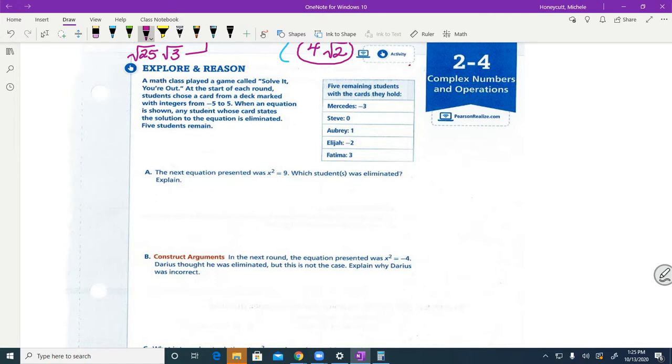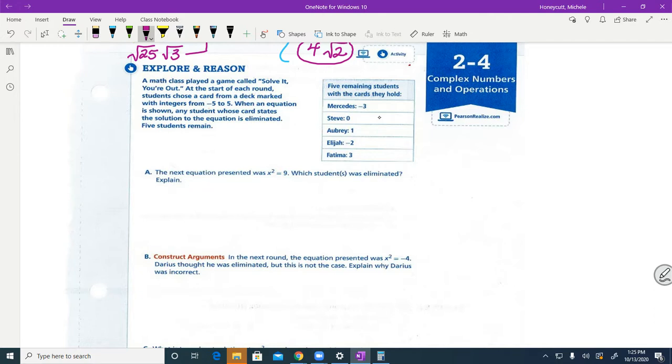At the start of each round, students chose a card from a deck marked with integers from -5 to 5. When an equation is shown, any student whose card states the solution to the equation is eliminated, and 5 students remain. So here are the 5 students: Mercedes, Steve, Aubrey, Elijah, and Fatima.